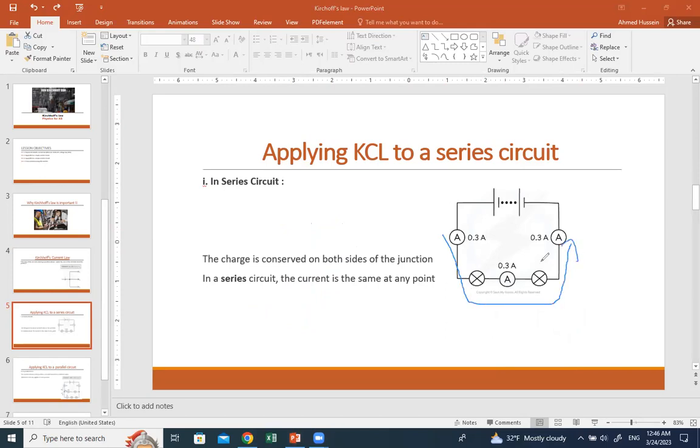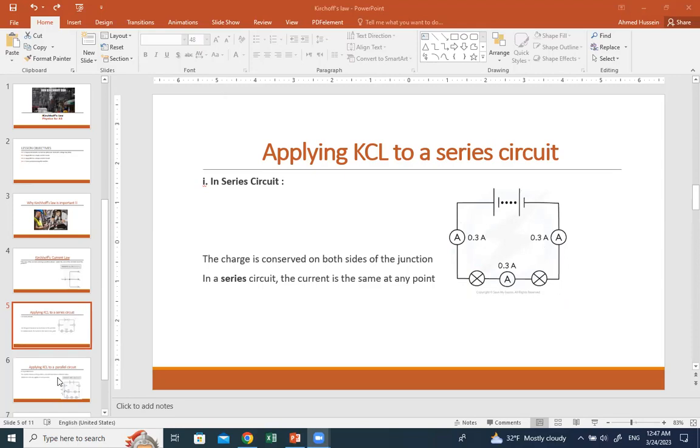The charge here is conserved on both sides of the junction, which connects everything in series, and this is really obvious, because current is the same everywhere, so there is no issue about it. But just remember that the voltage here will be divided, and this circuit is called a voltage divider.